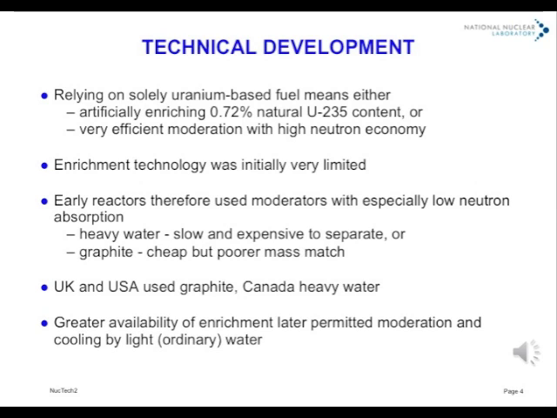The purpose of a moderator is to absorb most of the energy from neutrons liberated by fission. Energy transfer between colliding particles is most effective when they are similar in mass, since otherwise one simply bounces off the other.